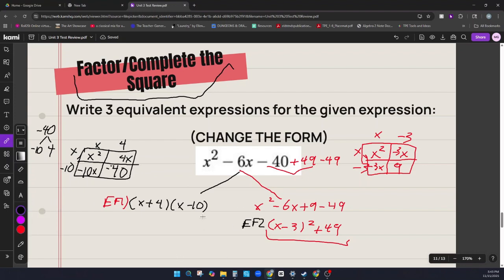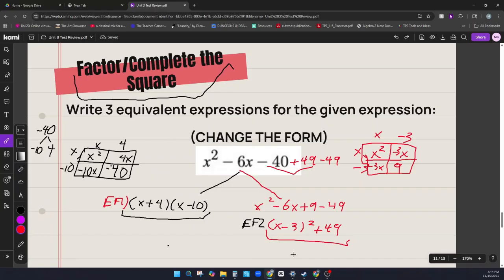Now, how do I get that third form? Well, I can't really use my factored form, because if I multiply that out, that's just going back to standard. So in order to get my third form, I'm going to look at my completing the square values here.